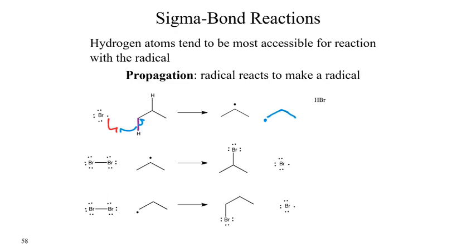I could just as easily have gone through and said that radical could have shared its one electron with the hydrogen that's further substituted in there. The result is that I would end with the green radical. So there are two possible radicals that could form for this particular substrate, for just a propane.